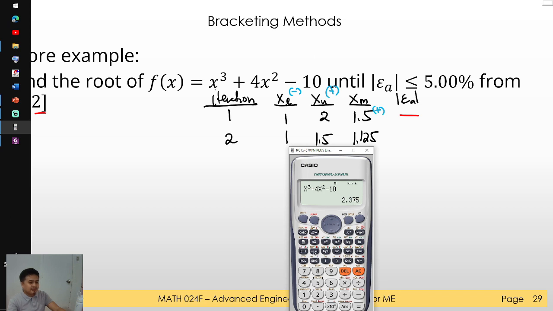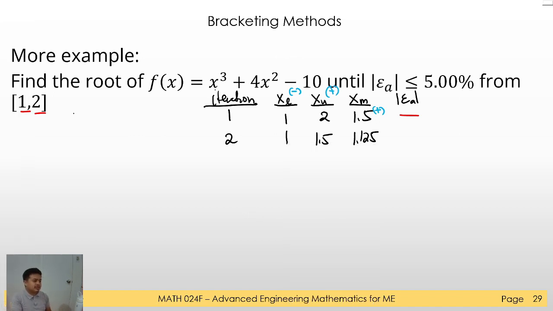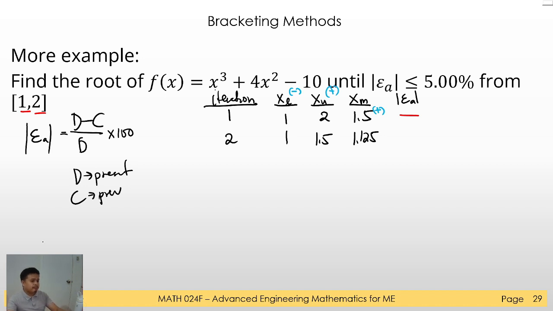For this, just utilize this, guys: d minus c over d times 100, where d is the present and c is the previous. So this is for the relative approximate error.